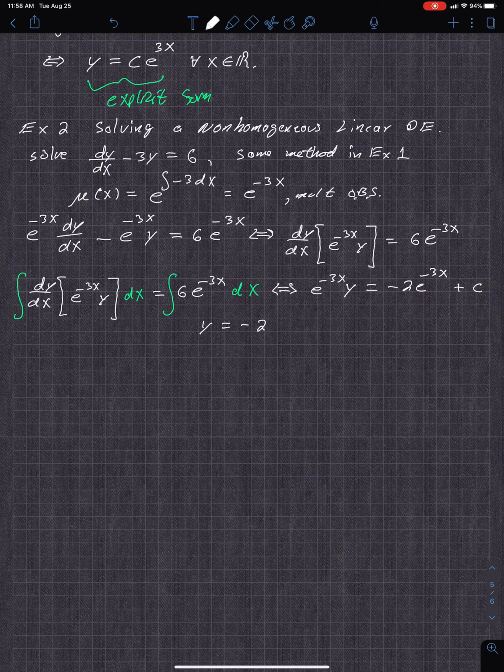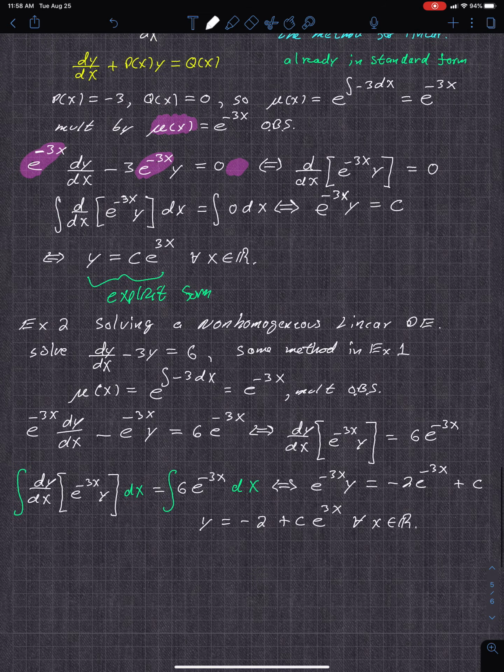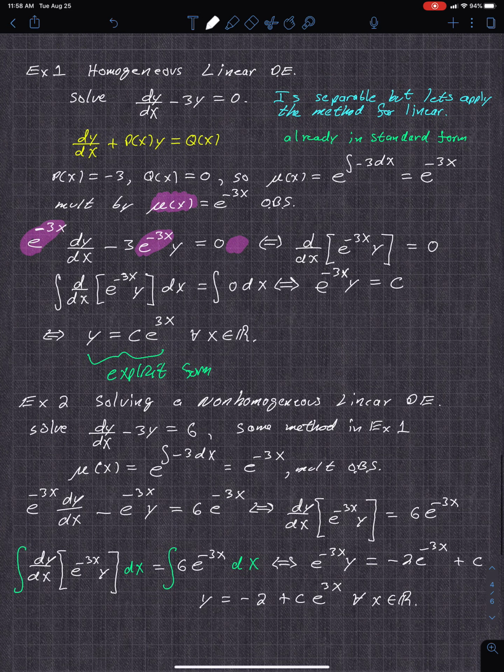So it's -2 plus c e to the 3x. Again, that's true for all x in the reals. There's no restriction on that. Let's put it back up here. Look at both of those. You can pause it or whatever, and make sure everything's how you want it. We'll go ahead and do one more.